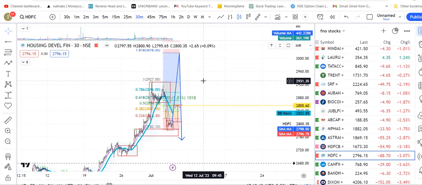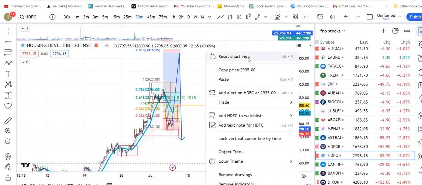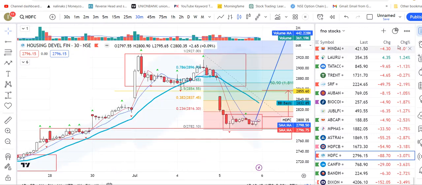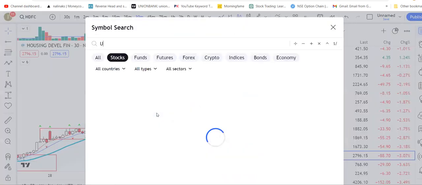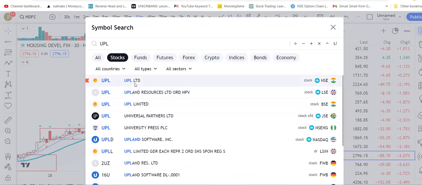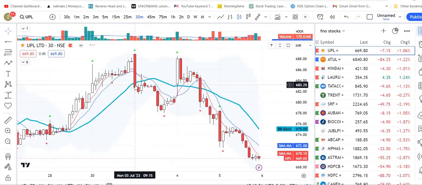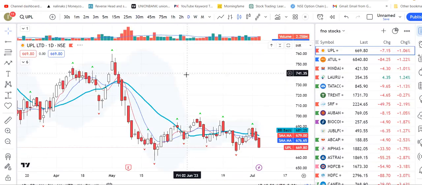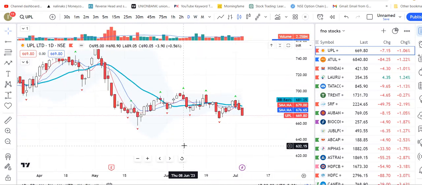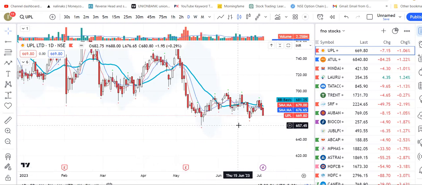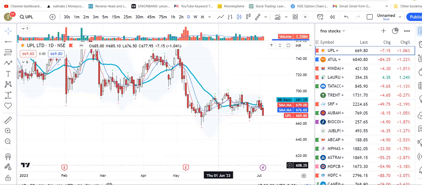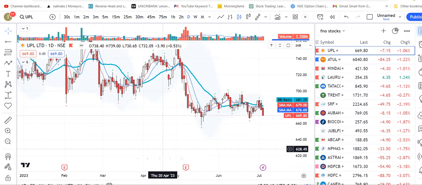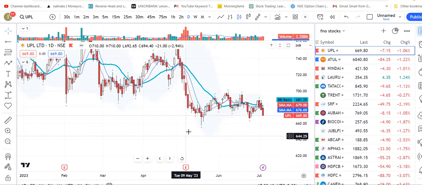Okay, only price action will suggest, and you can identify some stocks on the daily time frame which are undergoing consolidation. For example, another stock under my radar is UPL. It is undergoing range formation. One minute.